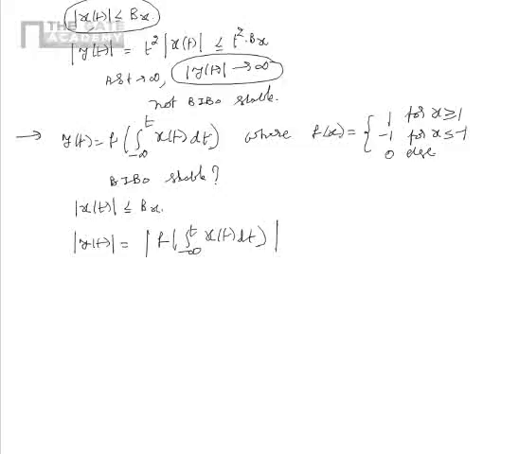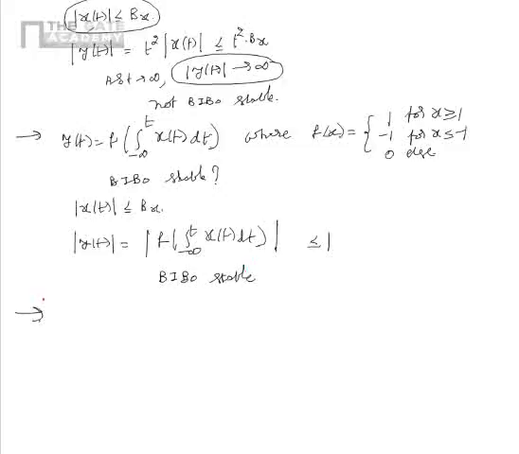As f is a clip function, we know that mod of y of t is always less than or equal to 1. This is because f is a clip function, so the output values of f will always be in minus 1 to 1. So mod of y of t is less than or equal to 1. From this we see that the system is BIBO stable.